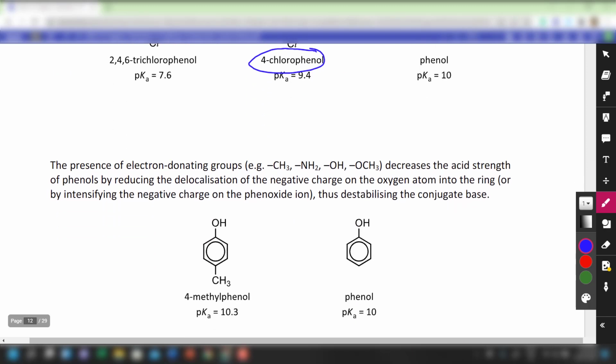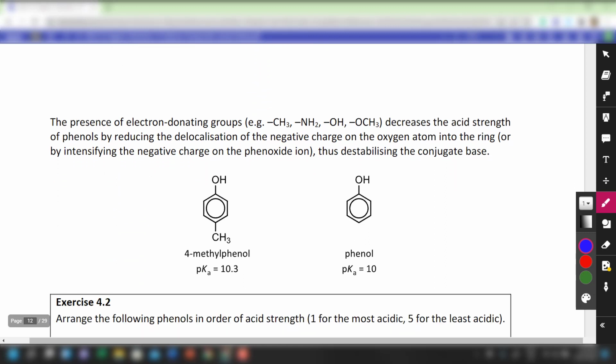But another thing which may surprise students, I'm not sure, is that if I have an electron donating group, the strength of the phenolic OH group will decrease. Why is that the case? Because an electron donating group increases the electron density of the benzene ring.